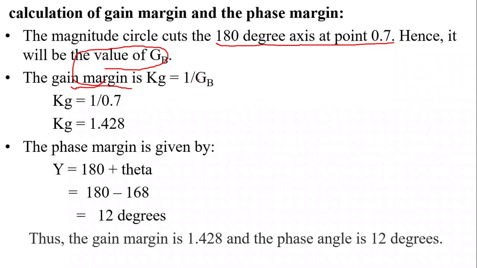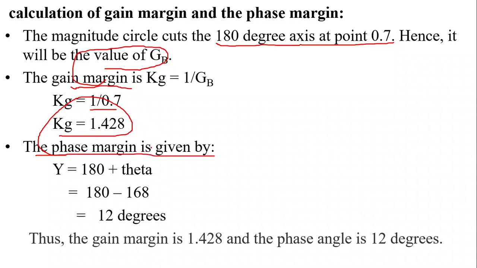So Kg equals 1 divided by GB. Here the intersection point is 0.7, so Kg equals 1 divided by 0.7. At last we get a gain margin value of 1.428.